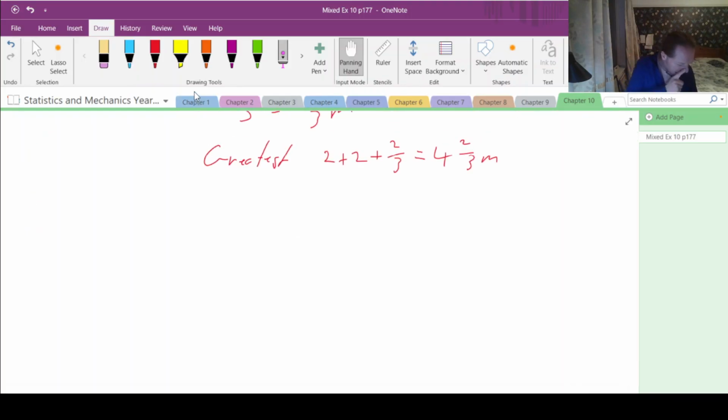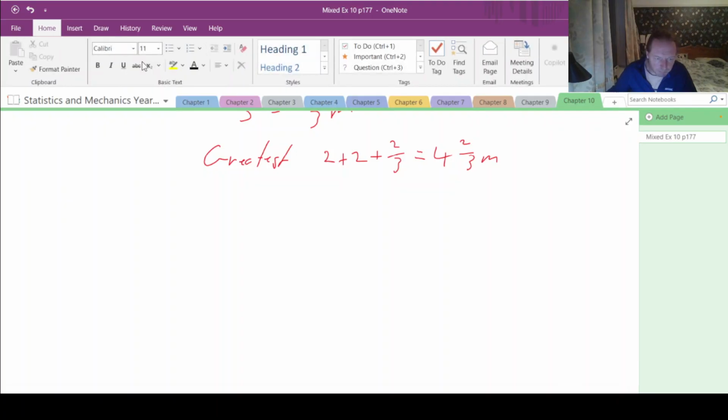Next, then, state how you have used in your calculations the fact that the string is inextensible. Okay, inextensible. I can never spell that word.